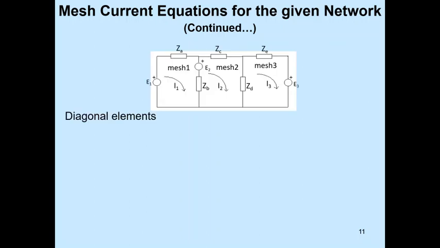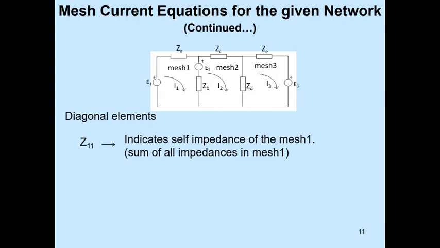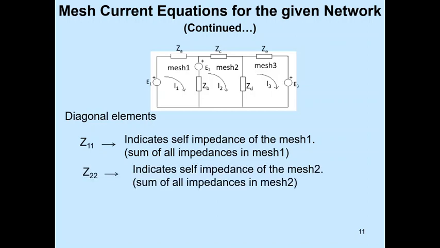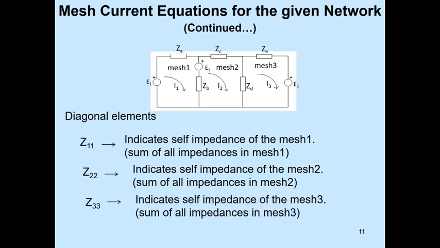The diagonal elements Z11, Z22 and Z33 indicate the self-impedance of mesh 1, mesh 2 and mesh 3 respectively. And Z12 and Z21, Z13 and Z31, and Z23 and Z32 are the transfer impedances of the meshes.